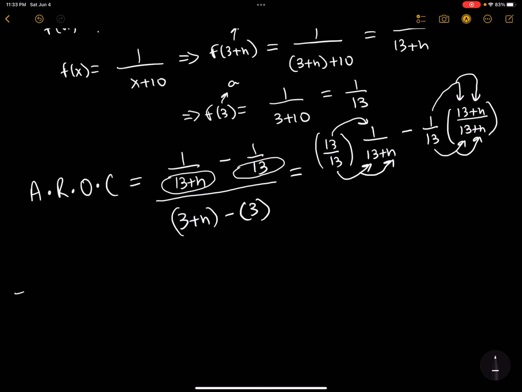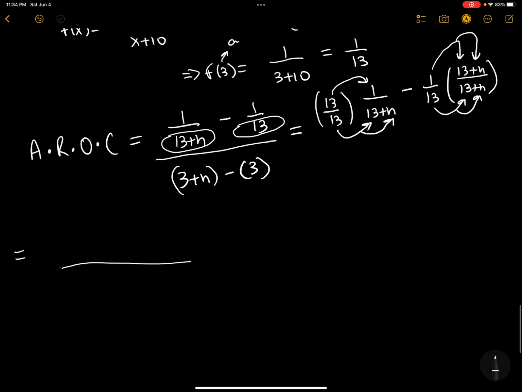So again, I can just put an equal sign. The bottom simplifies to, well, 3 minus 3 is just 0, then we just have h left.